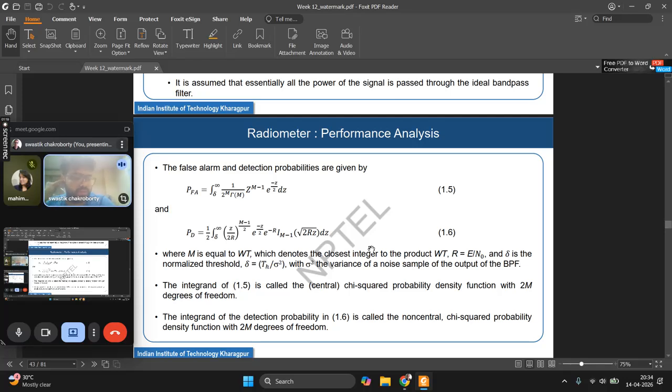The integrand of this equation 1.5 is called the chi-square density function. So the false alarm probability follows the chi-square density function, and the detection probability also falls under chi-square, but it is a non-central chi-square.